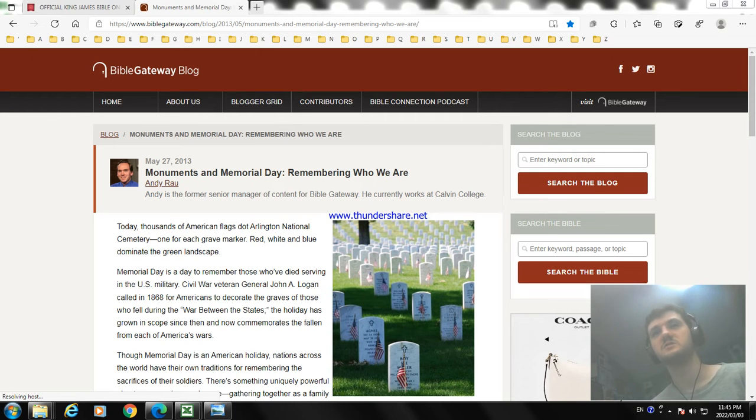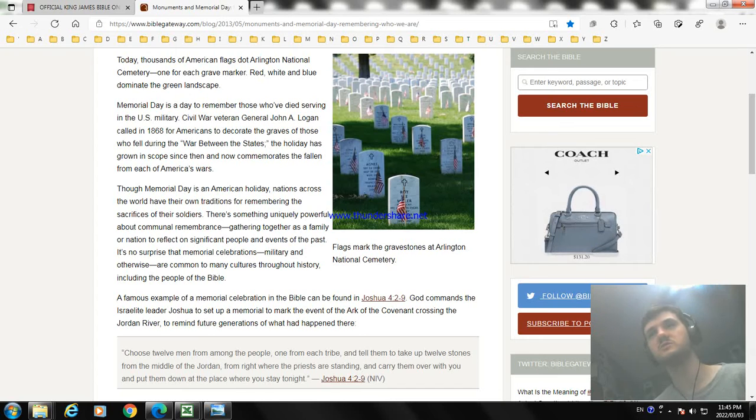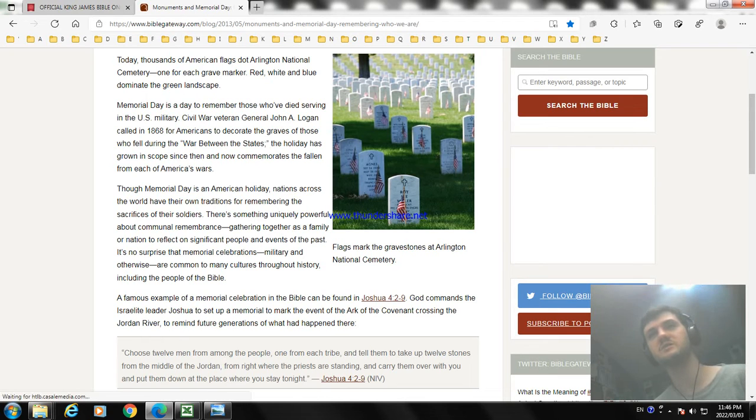So here it is. So today, thousands of American flags dot American national symmetry of one and mark it darker. Red, white dominate the green landscape. Memorial Day is a day to remember who died serving the U.S. military Civil War. Veteran General John A. Logan called in 1868 for Americans to decorate their graves of those who fell during the war between the states.